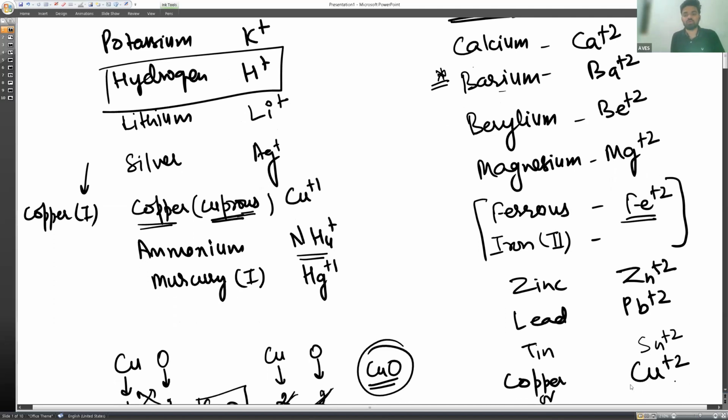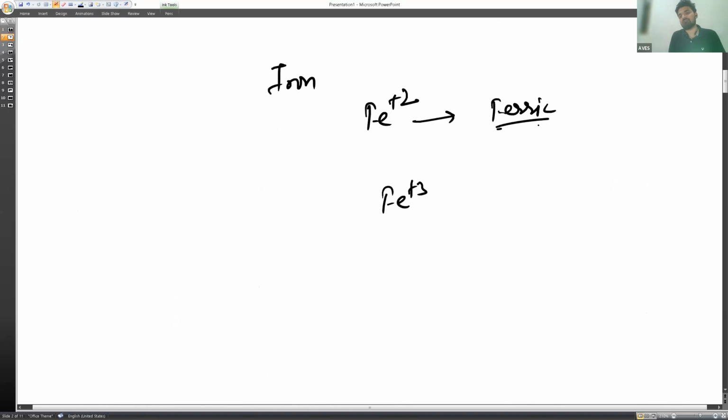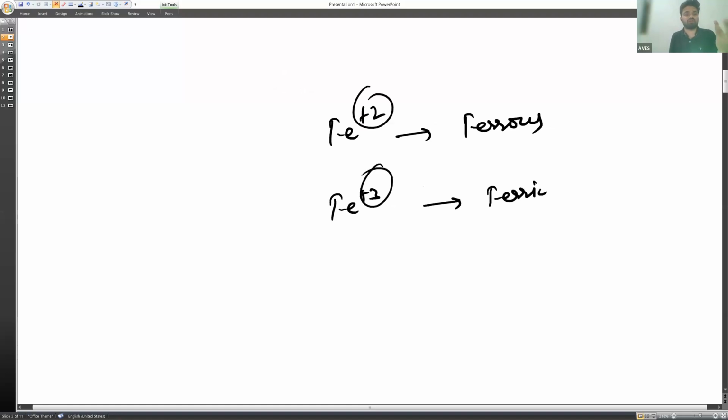Similarly for iron, Fe has 2 kinds of valency, 2 and 3. Fe has +2 and Fe has +3. This is ferrous, and this is ferric, because of 2 and 3, 3 is greater.